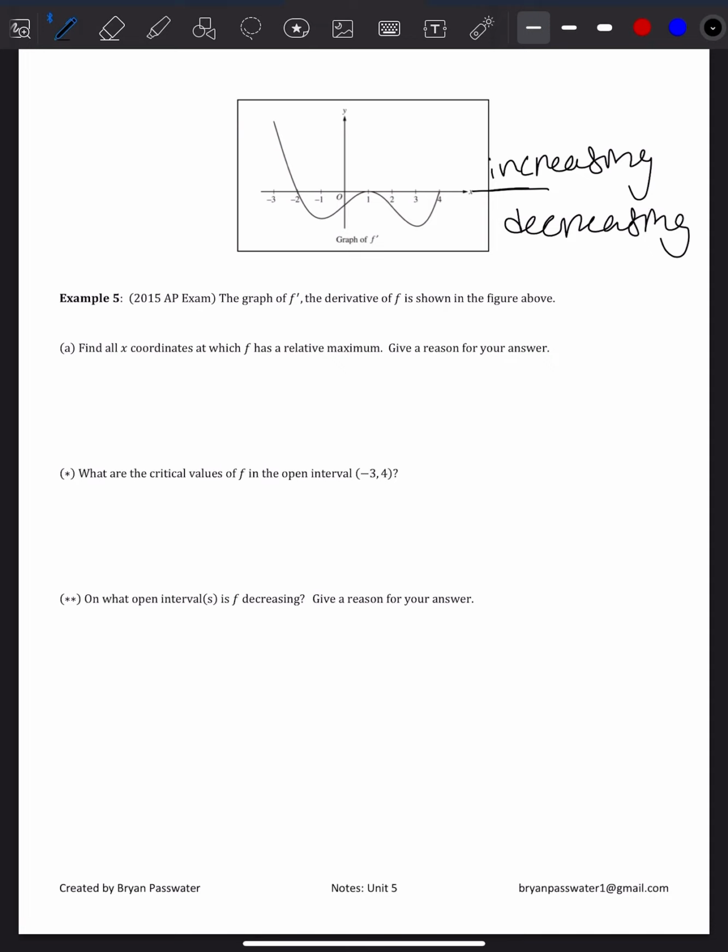Find all coordinates in which f has a relative maximum. So a relative maximum is when we go from increasing to decreasing. So if we look here, when we are above to when we are below, that happens right here at negative 2. So f of negative 2 is a relative max.